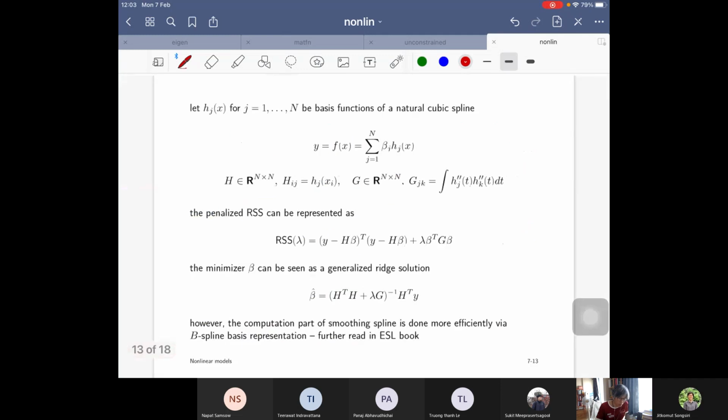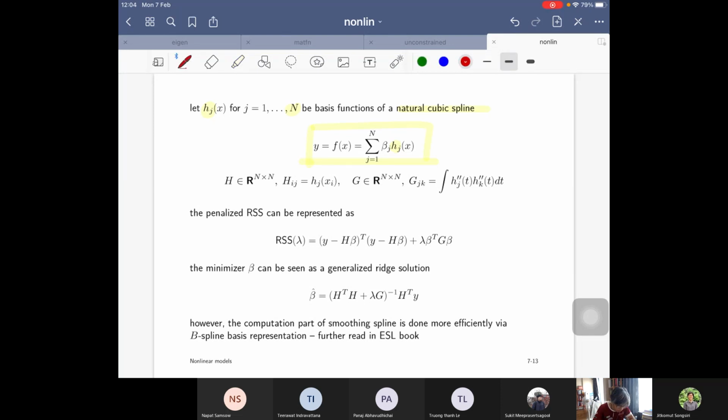So now let's assume that the natural cubic spline is defined on N knots. I let the basis be h_j, so my representation would be this, okay? h_j is a basis function for the natural cubic spline, which means all the constraints are already taken into account: the continuity of the polynomial and the high order derivatives, and the constraint on the ending points at the boundary.